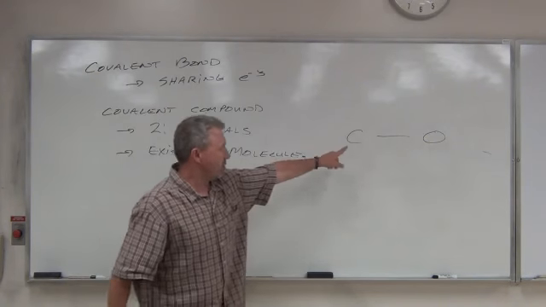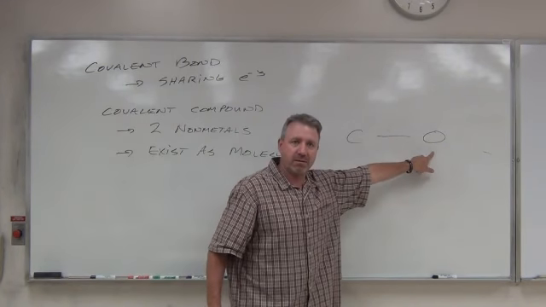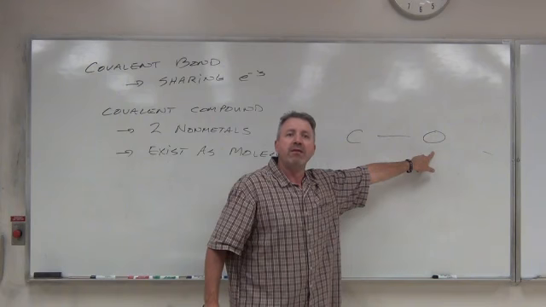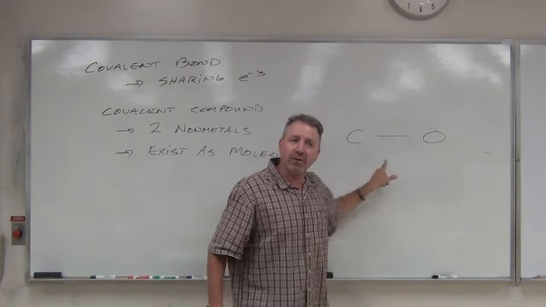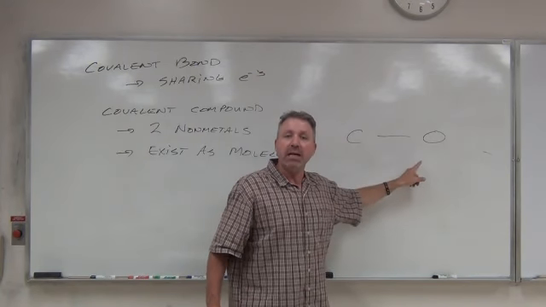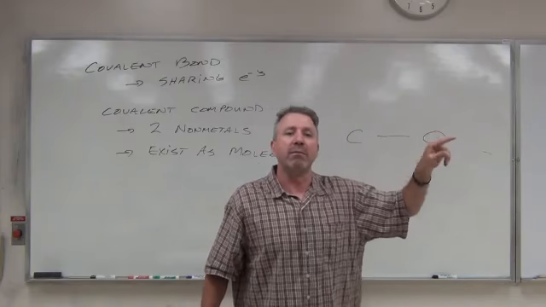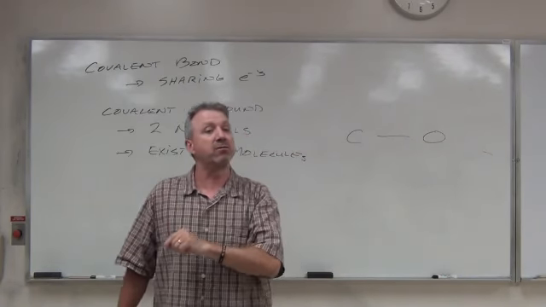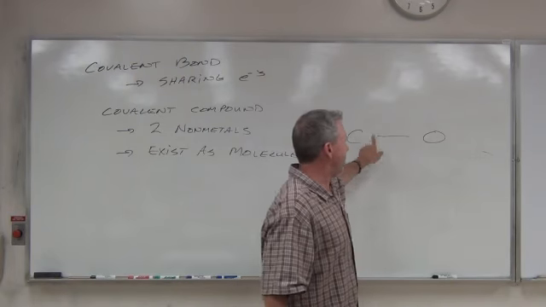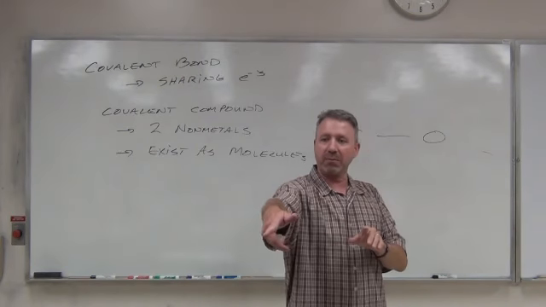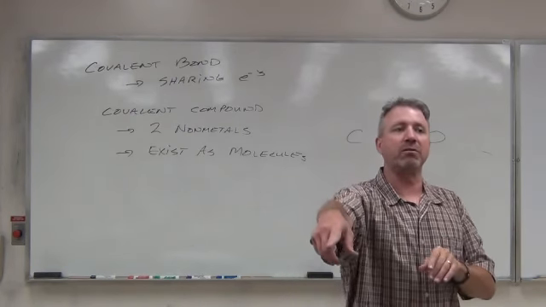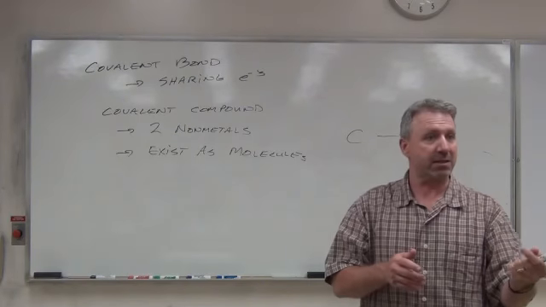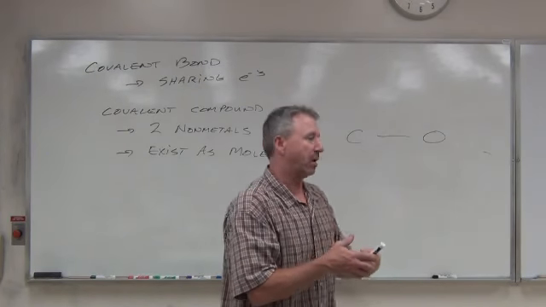So when you put two different nonmetals together, there's basically a tug of war for the electrons between them. And the tug of war is won by the element that's closer to fluorine, the more electronegative one. So if we compare carbon and oxygen, looking at your periodic table, which one's closer to fluorine? Oxygen. So oxygen is more electronegative.